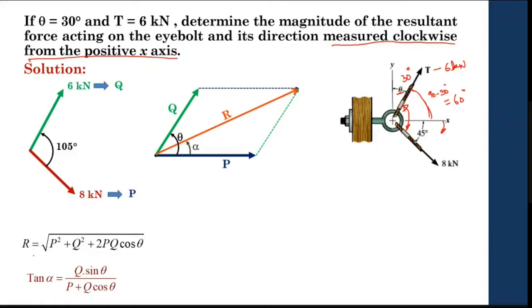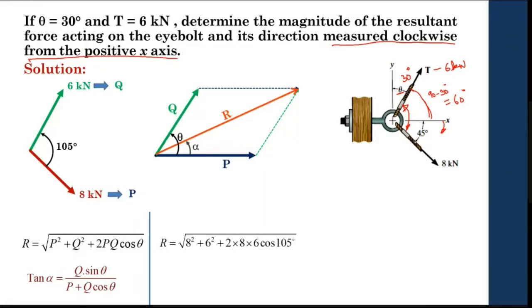So what I can do, I can apply the formula. R is equal to root of P square plus Q square plus 2PQ cos theta, which means I will get tan alpha, and of course tan alpha is equal to Q sin theta divided by P plus Q cos theta. So just apply it. Make sure your unit is important.